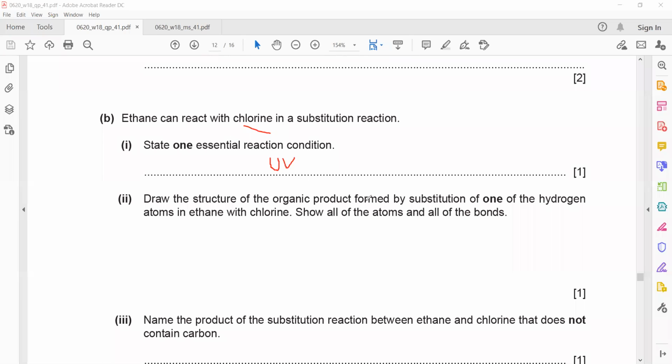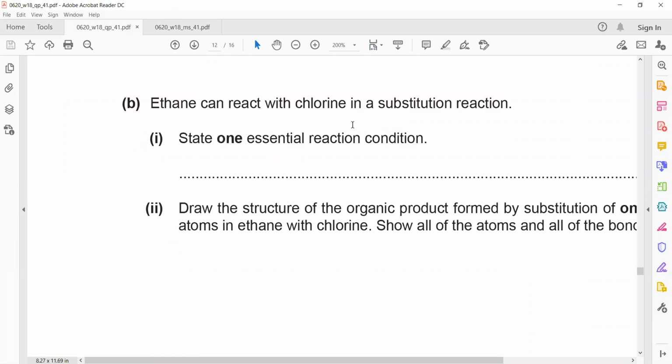Draw a structure of the organic product formed by substitution of one hydrogen of ethane with chlorine and show all the bonds. So use the screen annotation to draw the structure of chloroethane.